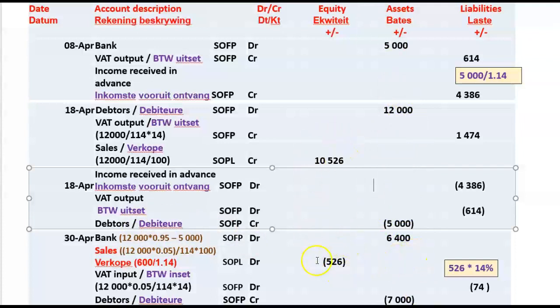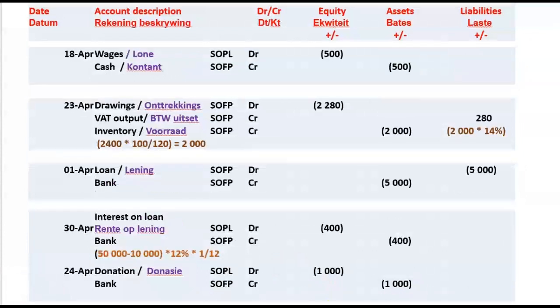I've adjusted my sales to the correct figure, which is the 11,400 divided by 1.14, and my VAT then will be 1,474 less the 74 VAT input that I'm going to claim here, which is going to reduce my VAT. That 74, because it's VAT input, you could have shown it here as an increase in assets as well. I would have marked that right.